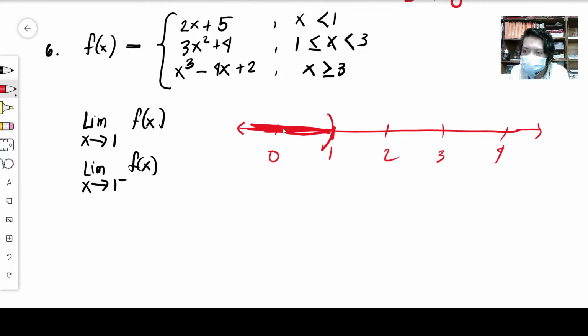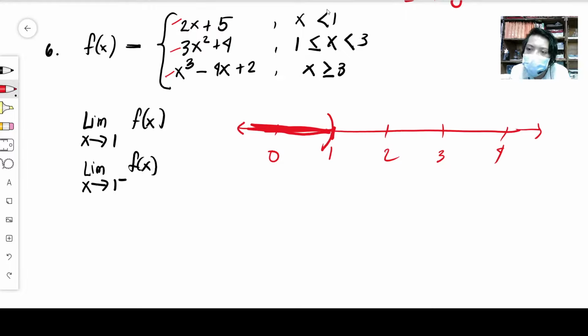Since this is a piecewise function, which of these functions will we use when x approaches 1 coming from the left?